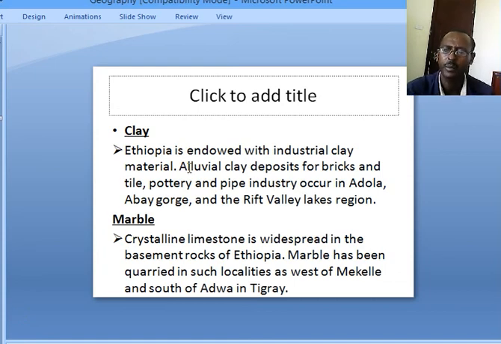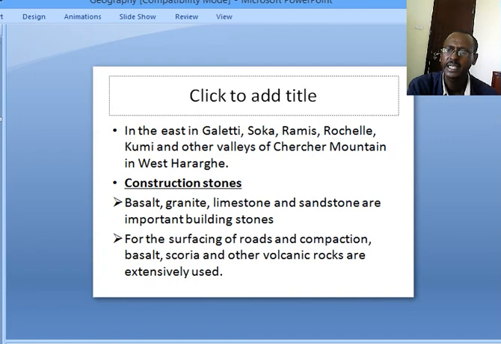So marble is highly found in the northern part of Ethiopia, where there are huge deposits, especially in the basement rocks. In the east, in Galati, Soka, Ramis, Rochele, Kumi, and other valleys of the Chercher Mountains in western Hararge, it is also found.